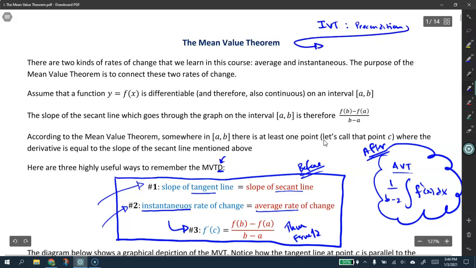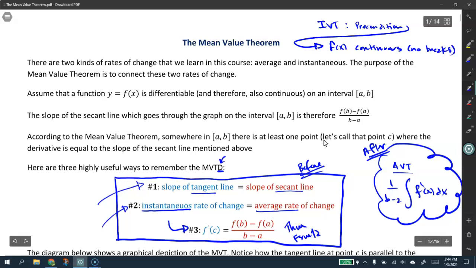If you haven't watched that previous lesson, please stop this video, because it will not make a lot of sense when we start making connections between them, and review the other video. The precondition in the IVT is that the function needs to be continuous. There can be no breaks in the graph of a function, and then you can use the IVT.